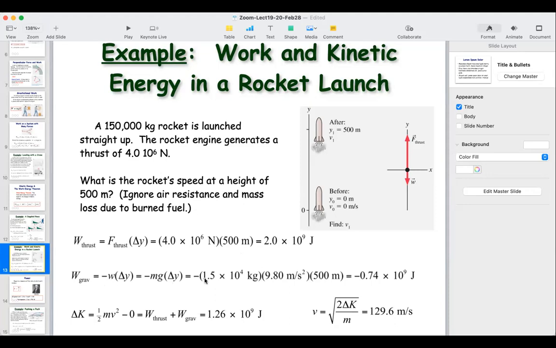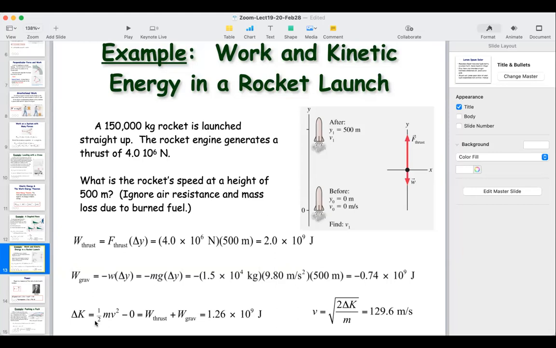So we have minus 1.5 × 10⁴ kilograms, which is the mass of the rocket, multiplied by 9.80 meters per second squared, multiplied by 500 meters. And so we have this. This is the work done by gravity.